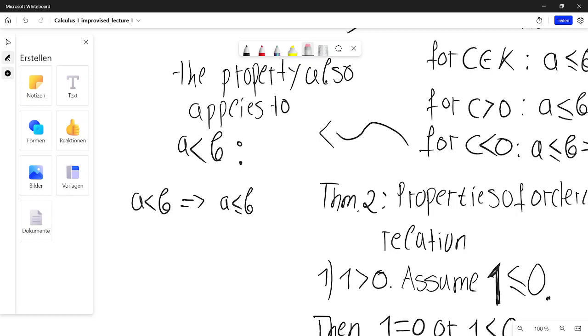We have that, which applies for negative C. Okay.